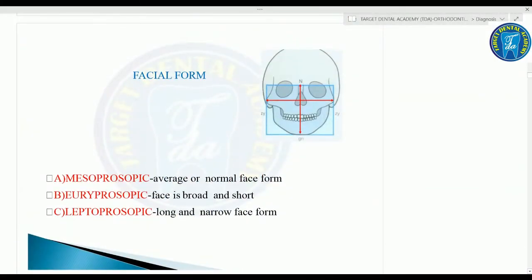Next is the facial form, which we call the facial index. You can calculate the facial index as the height upon the bizygomatic width.